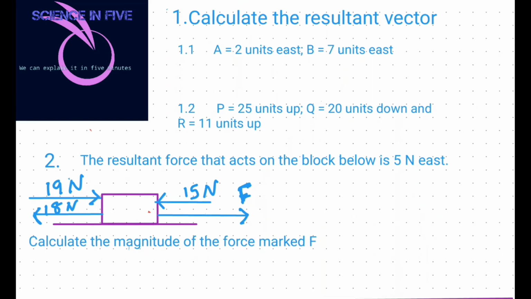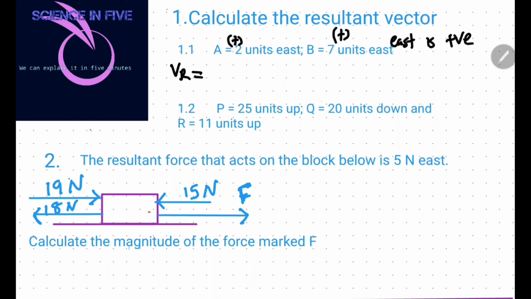Question 1.1. We are given vector A is 2 units east and vector B is 7 units east. We want the resultant vector. Well, in this case I can clearly see that I've got a positive vector and another positive vector. So I'm going to say east is positive.